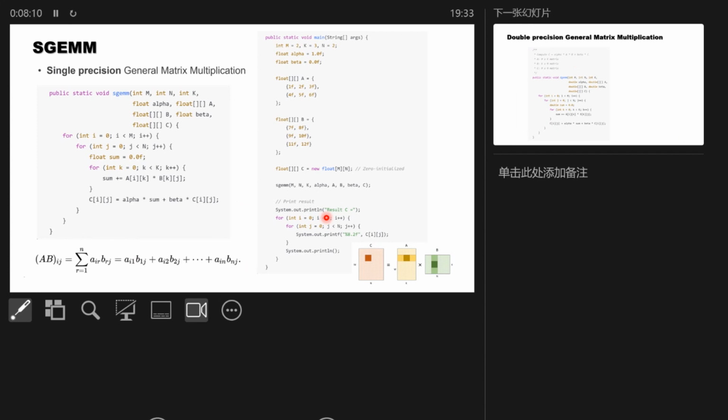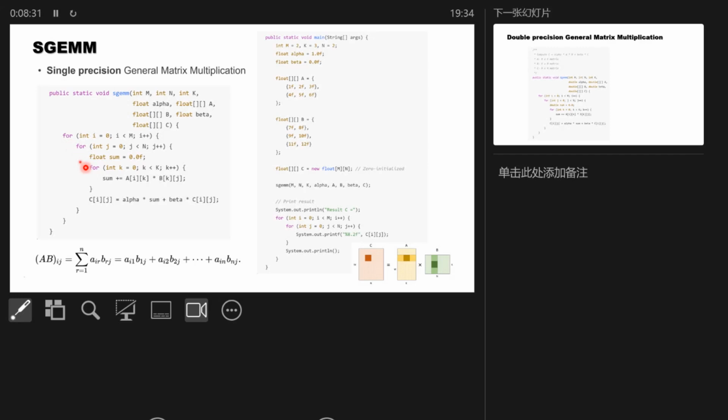After HGEMM was introduced, here we introduce single precision general matrix multiplication, SGEMM. As we can see from this Java code, this S means single precision. So this is float in Java, also float in C++.